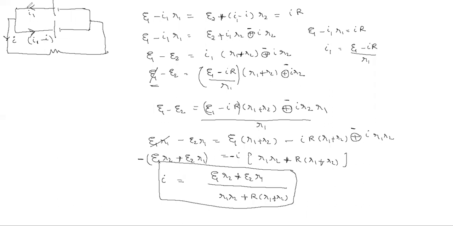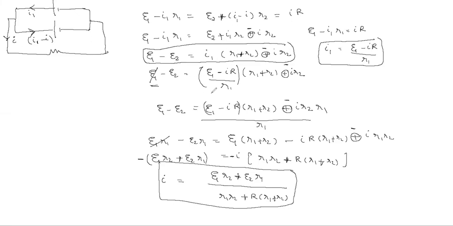Okay, this is the final method here. By taking this is I1, and splitting here I1 minus I. One is discharging, other is charging, so the potential difference is equated. First and second one I equated, I got one equation. First and last I equated, I got I1 here. This I1 I substituted in this equation.